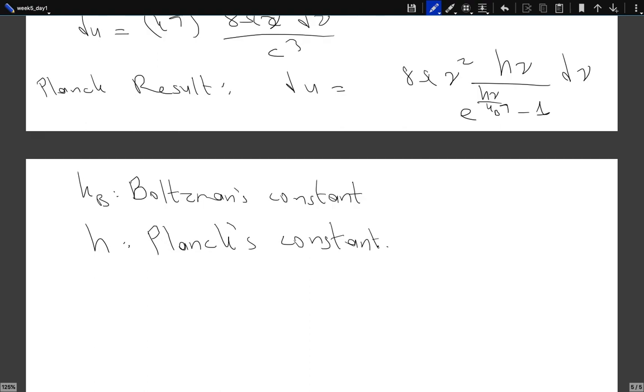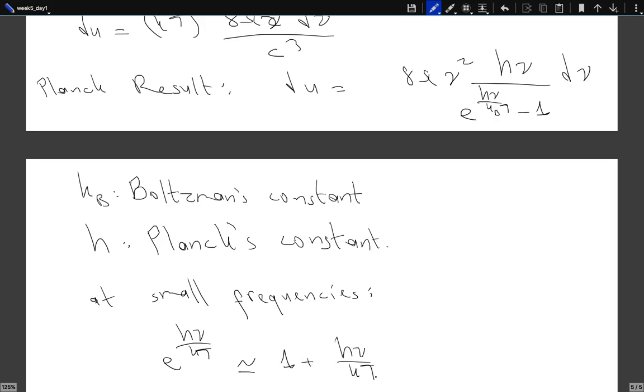Well, you can test how it looks at small frequencies. At small frequencies, e to the power h nu over kT is approximately 1 plus h nu over kT.